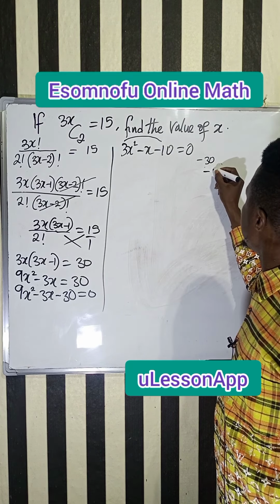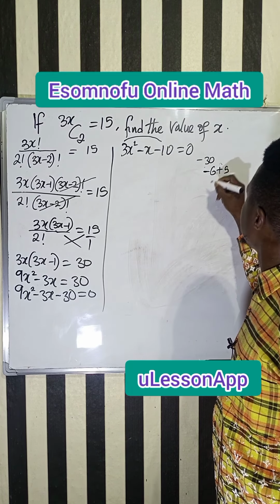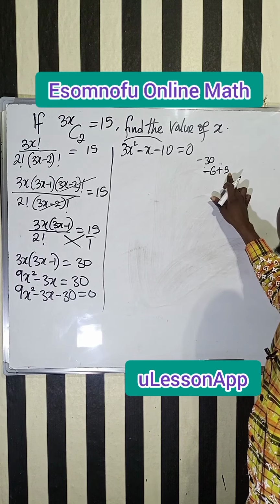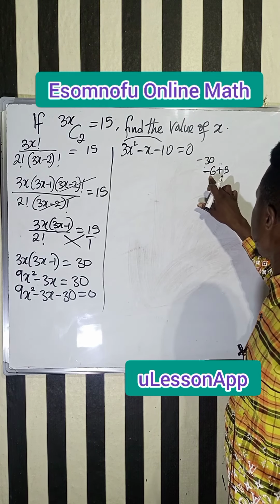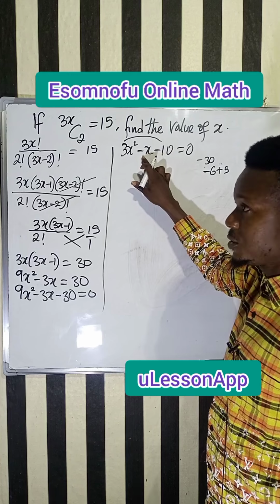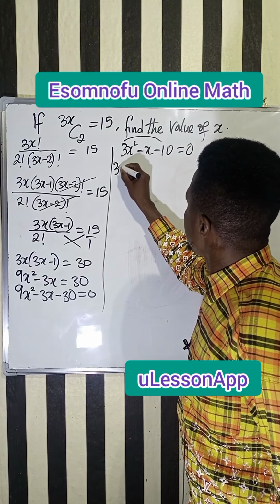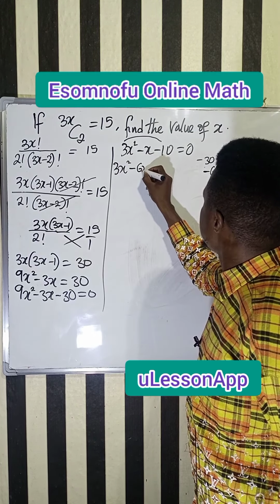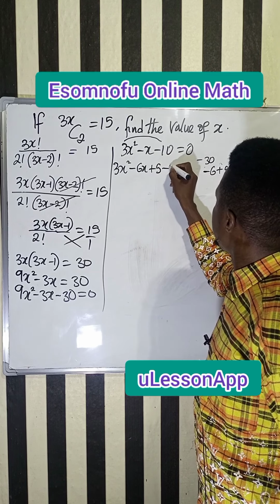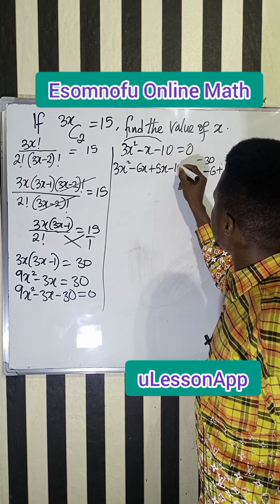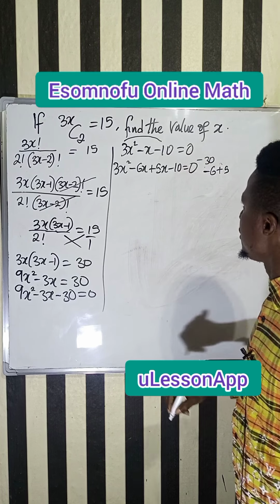Let's use minus 6 and plus 5, because minus 6 times 5 is minus 30, and minus 6 plus 5 will give us minus 1 here. So you just write 3x squared minus 6x plus 5x minus 10, everything equal to 0.